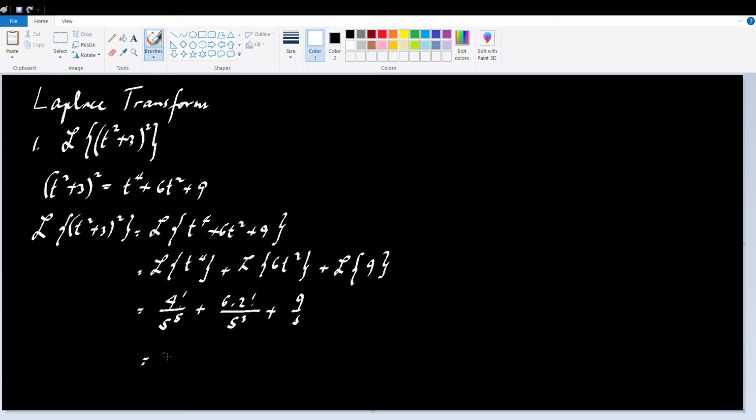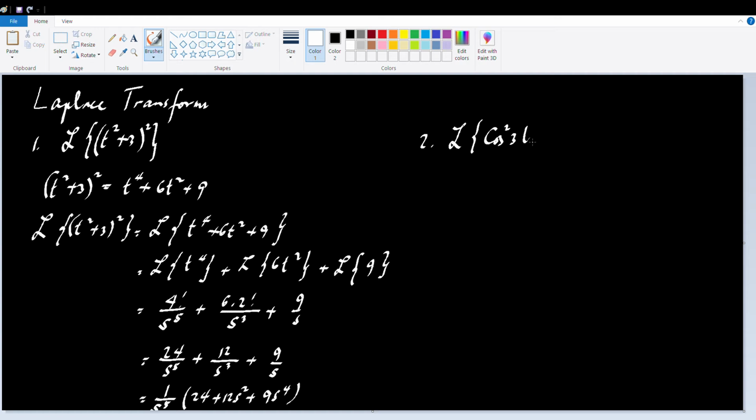So 4 factorial, that is 24 over s raised to 5, plus 6 times 2 factorial is 12 over s cubed, plus 9 over s. We can write this as 1 over s raised to 5 times 24 plus 12s squared plus 9s to the 4th.